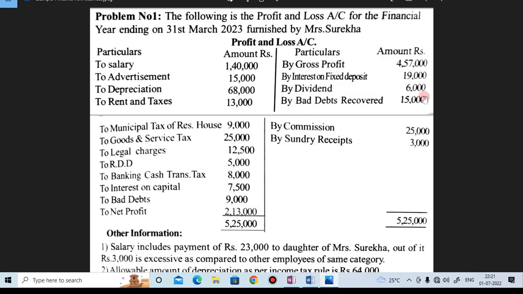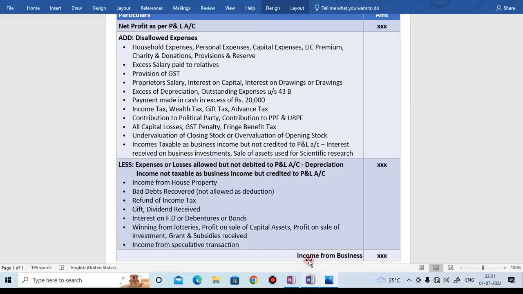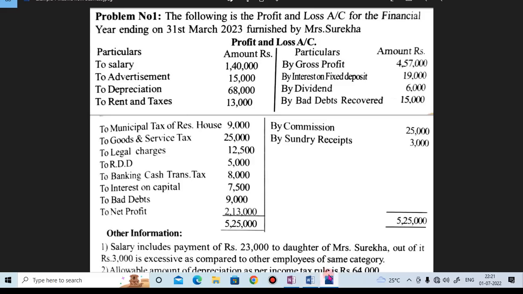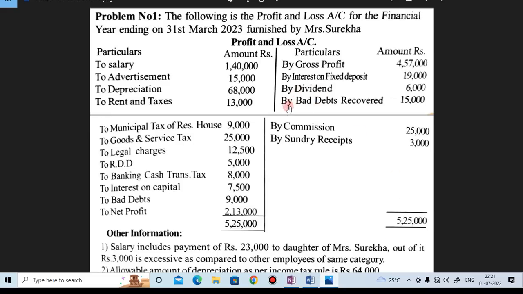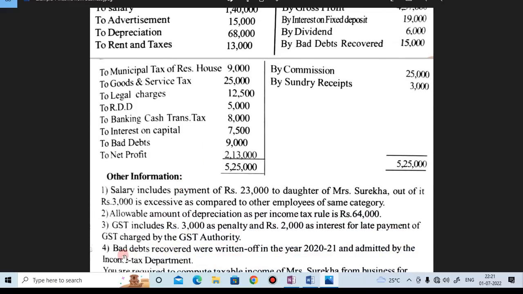After that, dividend 6,000. Even if dividend is received by the owner, it is not related to business. See the format, dividend received. So second, dividend is 6,000 rupees. After dividend, what is there? By bad debts recovered 15,000. Now see, there is an adjustment: bad debts recovered were written off in the year 2021.